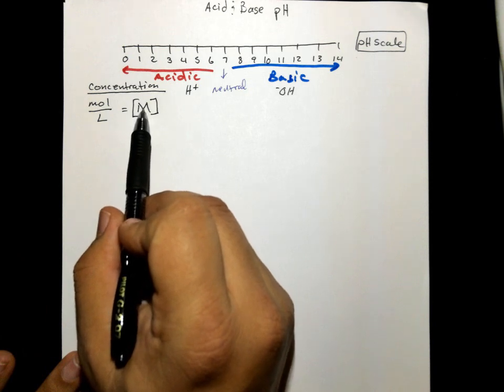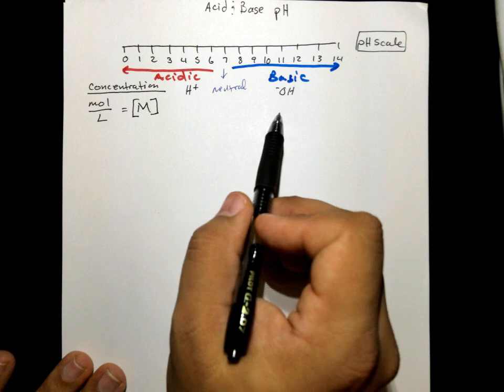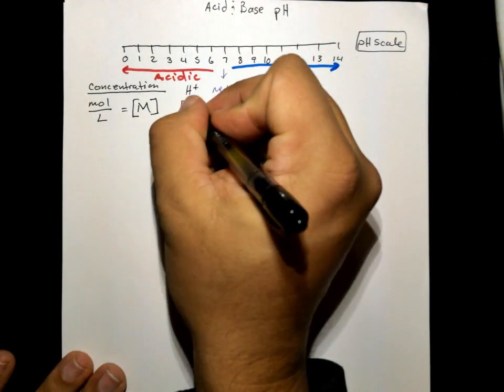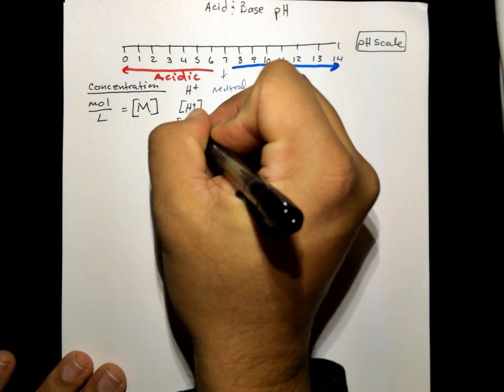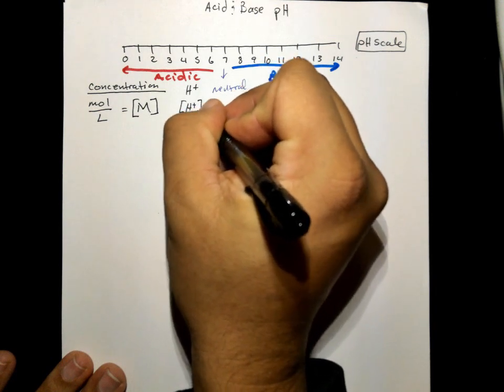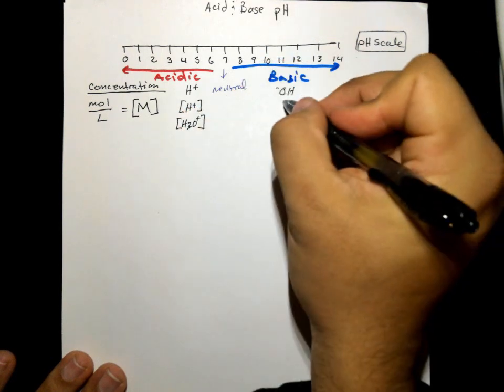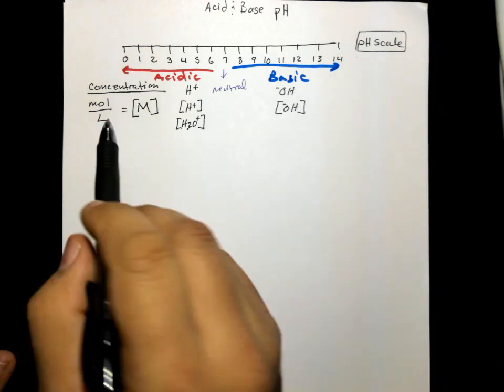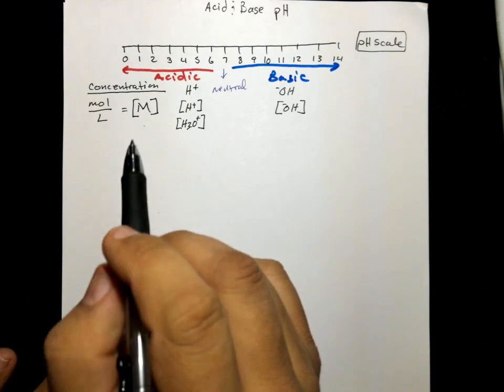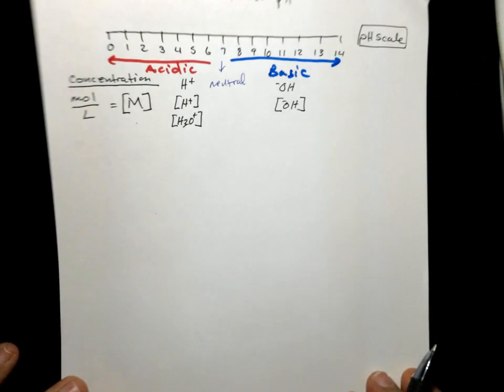Either it's the concentration of the H plus or the concentration of the OH minus. Remember, it can look like this: an H plus in brackets, or it can even be the hydronium ion in brackets. It's the same thing. And for bases, we're looking at hydroxide in brackets. Those represent concentrations, and just don't forget that.